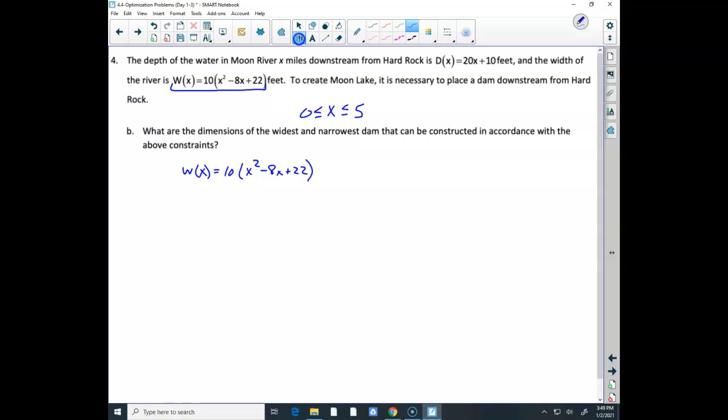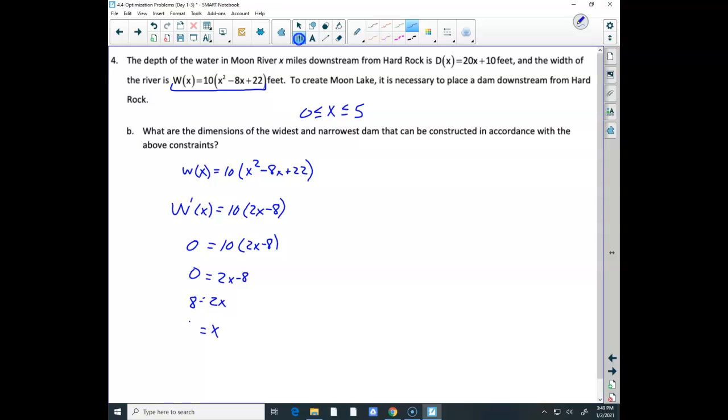Well, if I find the derivative of width, I'm just going to take the constant times 2x minus 8, I'm not even going to distribute that, and I find when is my derivative actually equal to 0? Hopefully right here we can say when 2x minus 8 equals 0, I have optimized.